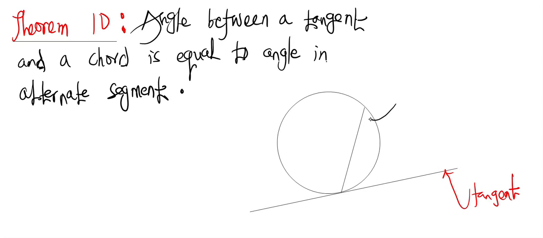So this is chord. Now the angle is located in this part of the segment. Then this part will be the alternate segment. Let's call it X. So X will serve as the alternate segment.